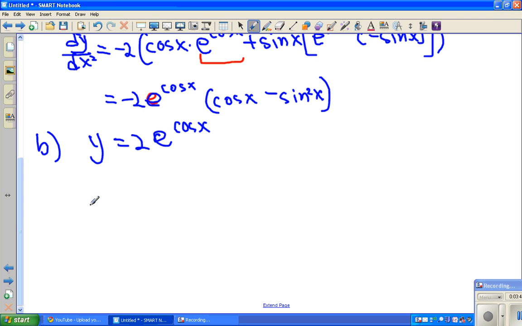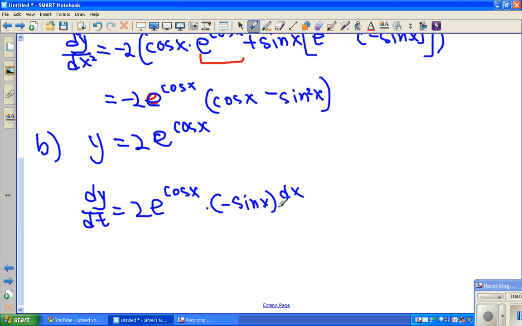As you realized further, our left side becomes dy over dt. On our right side, we will end up getting 2 e to the cosine of x times the derivative of this, which will be negative sine of x, times the derivative of the innermost, which will be dx over dt.